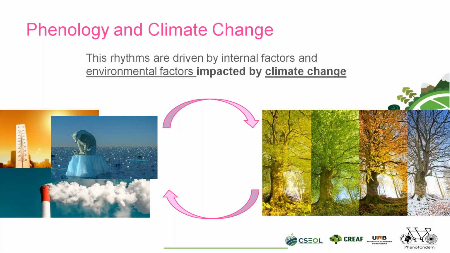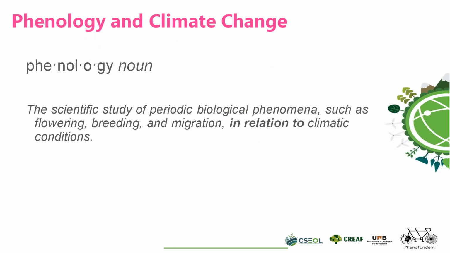So phenology becomes an indication of the climate conditions and also of the changes in these climate conditions, in terms of the movement of the flowering, breeding, and so on, exact dates and periods.